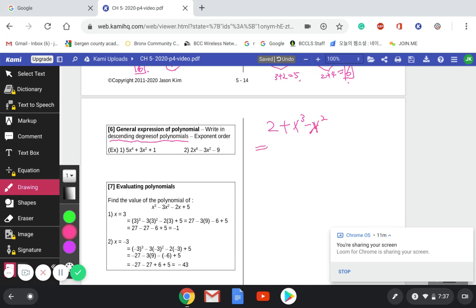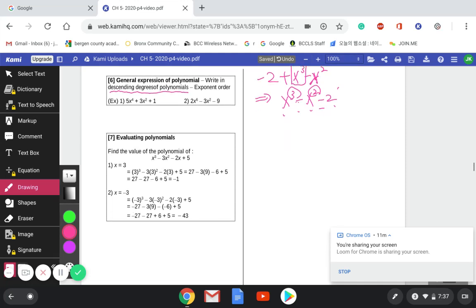You rewrite this with x^3 first, then minus x^2, then the constant 2. So x^3 is the highest degree, so you write that first, then minus x^2 and the constant. So you rewrite a polynomial from highest to lowest power or degree. Okay? So that's the general consensus.